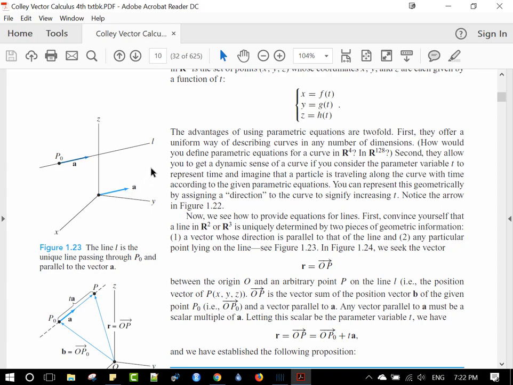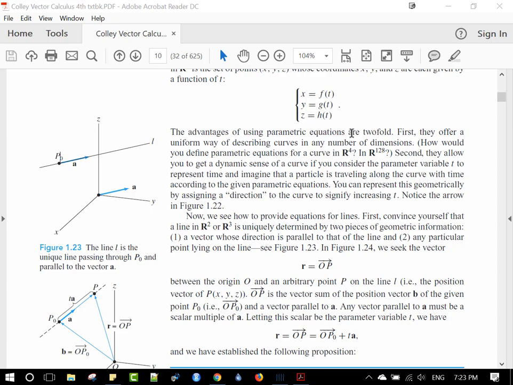There are not two lines that can do that. So in order to identify a line, you could just give a point on the line, one point, and say the line also has to be parallel to some given vector. Okay, they say the advantages of using parametric equations are twofold.